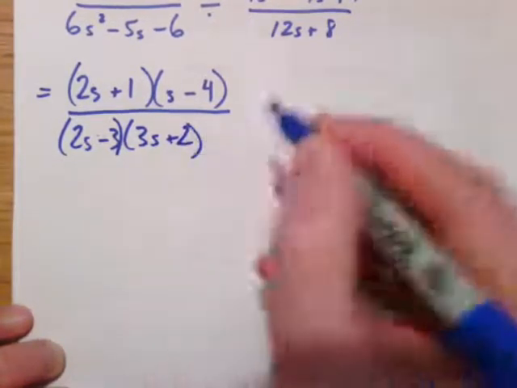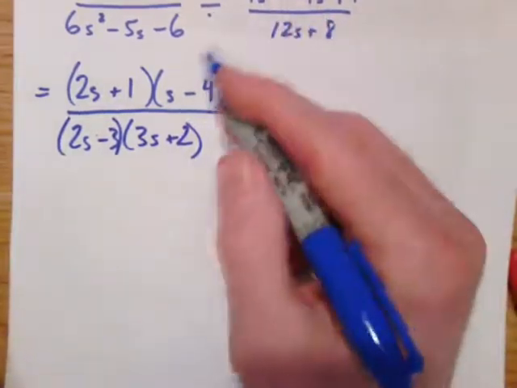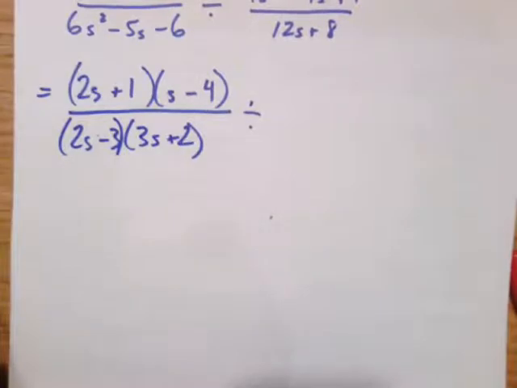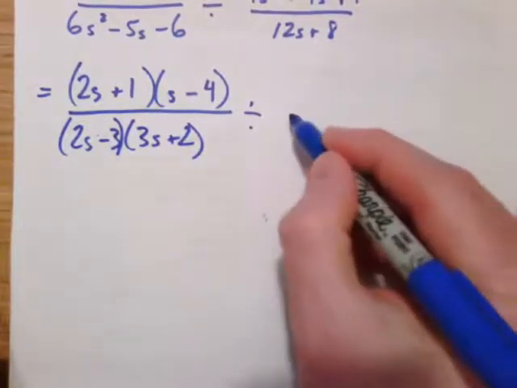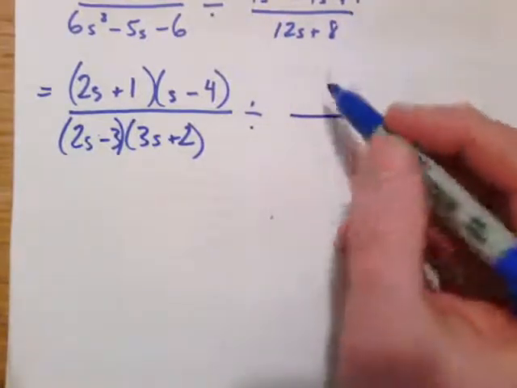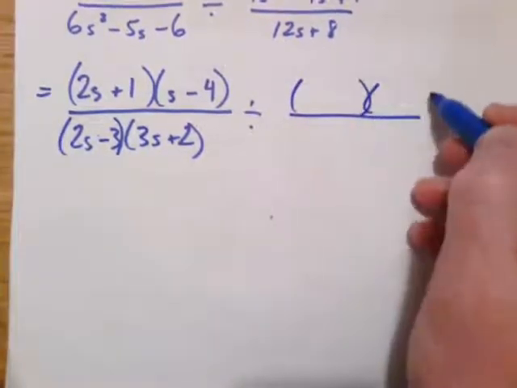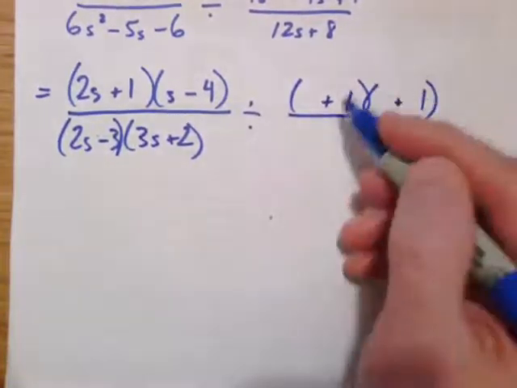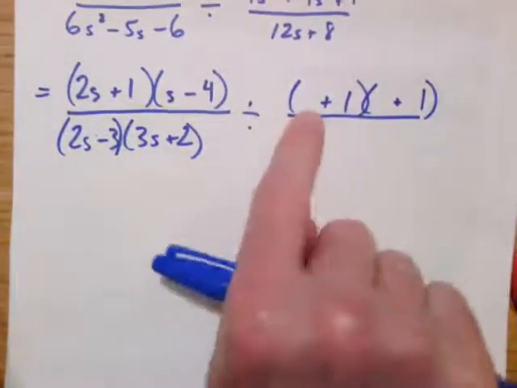So this is 2s minus 3 times 3s plus 2 divided by. I'm keeping it divided by because I want to just factor and not do too much in one step. Now the next one: it's going to be 1 for sure. Oh, it's all plus signs. So is it 2?